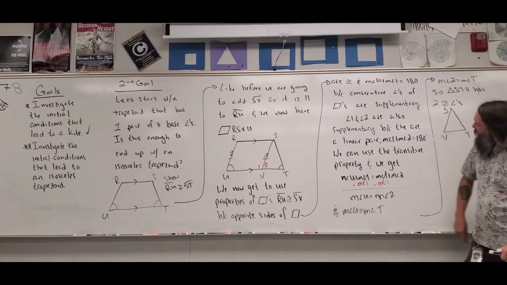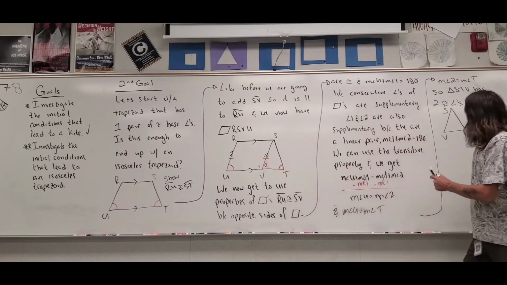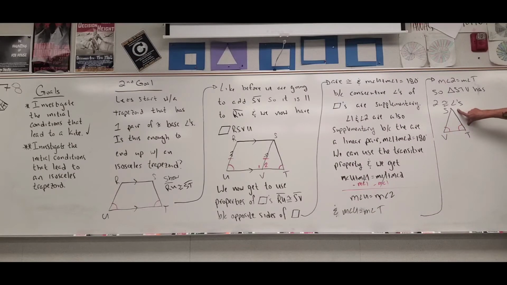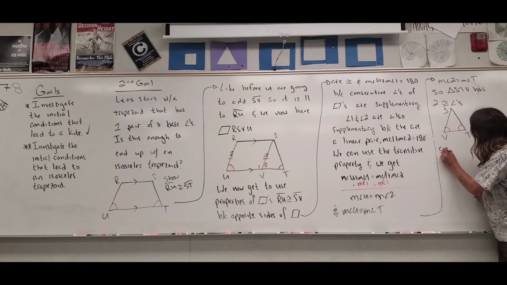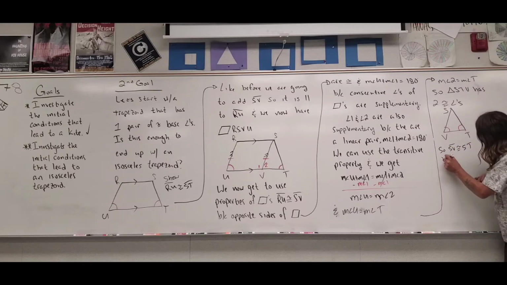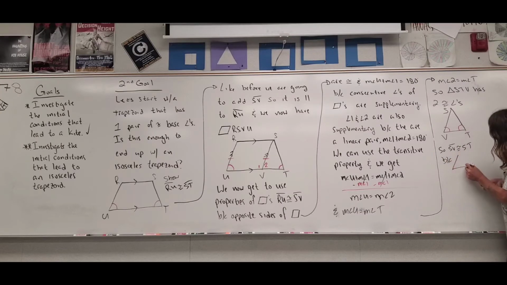So I correctly argued that these angles are congruent. Well, if these are congruent, then ST must be congruent to SV. We have an isosceles triangle. So SV is congruent to ST because congruent base angles lead to isosceles triangles, from an earlier idea.